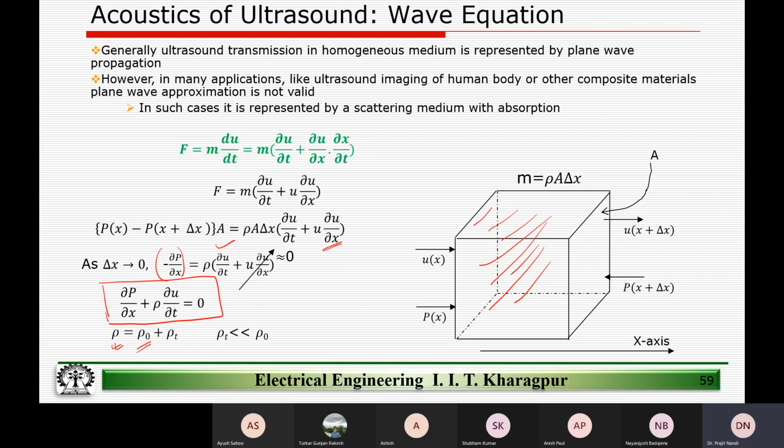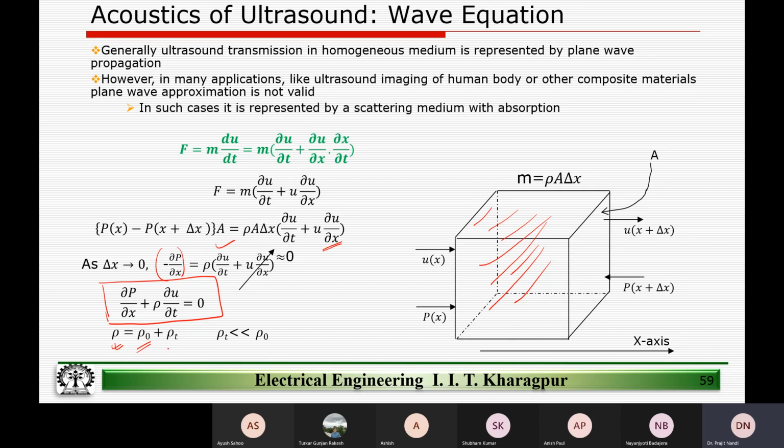This is constant, it does not vary with time, and it has a time varying component as well. For example, when the sound wave is propagating through the fluid, yesterday we saw how the fluid particles will move, which means that there will be changes in the density.